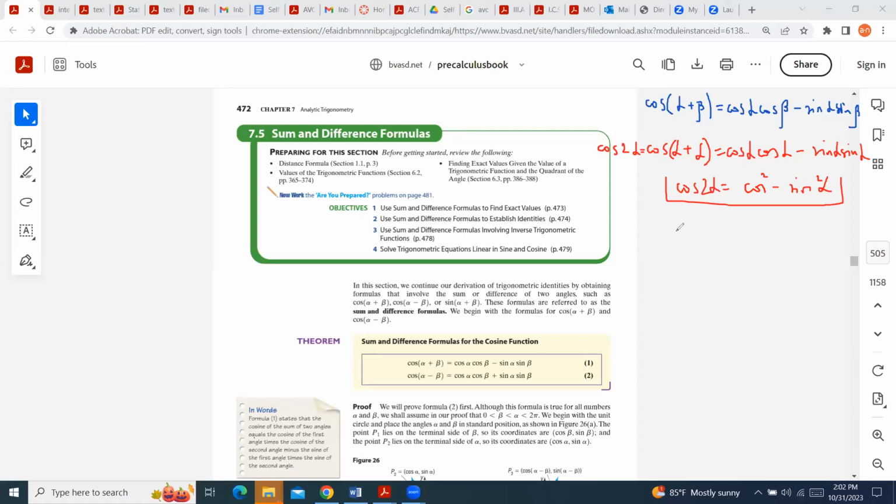Analogously, I could also recall the formula for sine of alpha plus beta, which is on the next page in this book. And again, it's sine cosine. So sine alpha cosine beta plus, so it's alpha again, sine cosine, another sine of alpha times cosine of alpha. Please notice that these two terms are the same. It's sine cosine and sine cosine, so I can say there are two of these sines cosines.